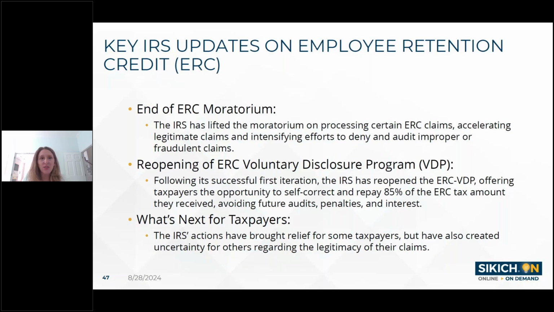So if an entity does feel that they may not have been eligible or now with more information don't believe that they should have applied for the claim or the amount should be different, they do have the opportunity to join into this voluntary disclosure program. And again, that period of time ends November 22nd, 2024.